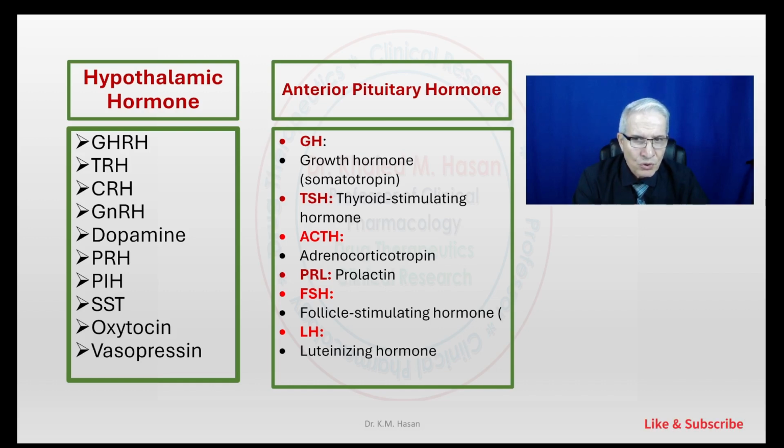From the anterior pituitary we have GH, growth hormone, TSH, thyroid stimulating hormone, ACTH, adrenocorticotropin hormone. Then we have prolactin, then FSH and LH, follicle stimulating hormone and luteinizing hormone, respectively.